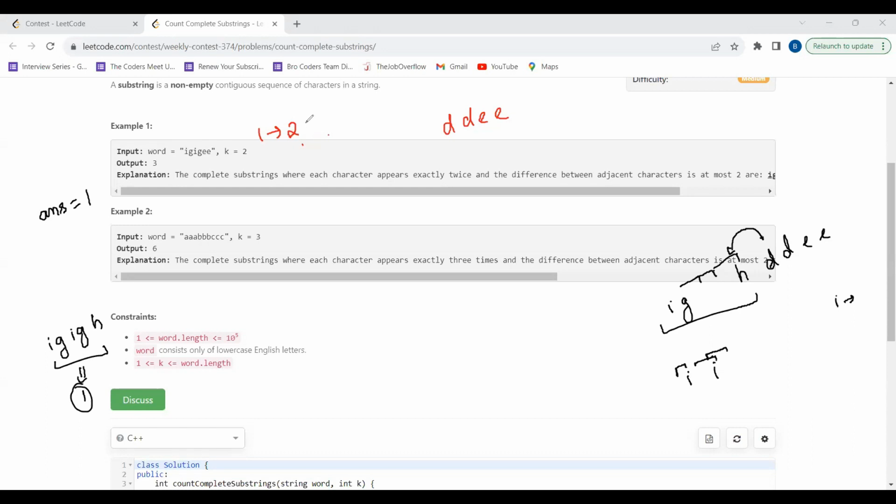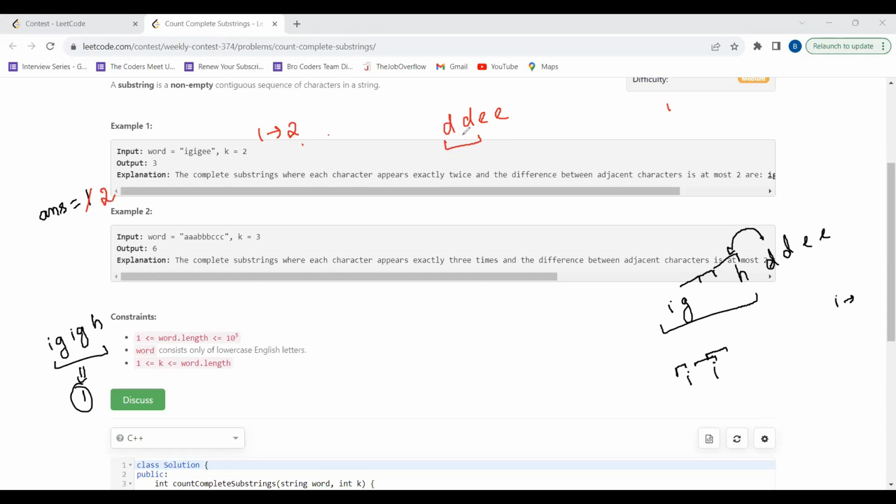So what should be the length of that substring? 2. Because there is one unique character and it is occurring twice. So its length should be 2. Now let's check all the two length substrings here. So first we have got DD. It's a good substring because in this we have got one unique character and it is occurring twice. So the number of complete or good substrings increases by 1.